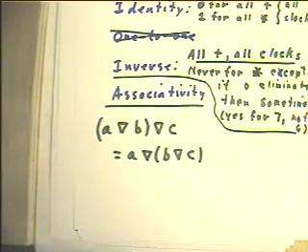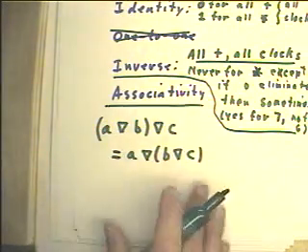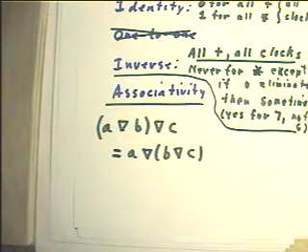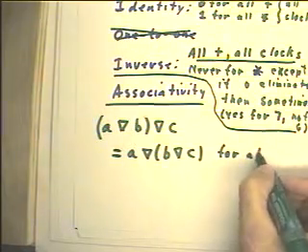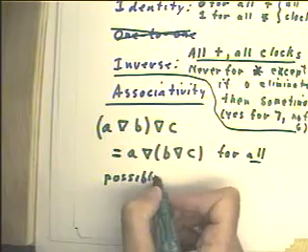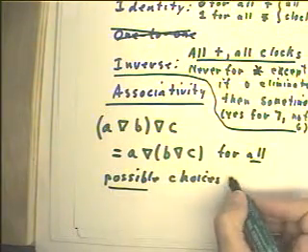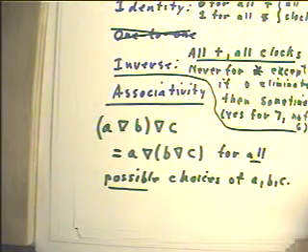This is what the associative property would require for all elements A, B, and C in the operation. For all possible choices of A, B, and C.